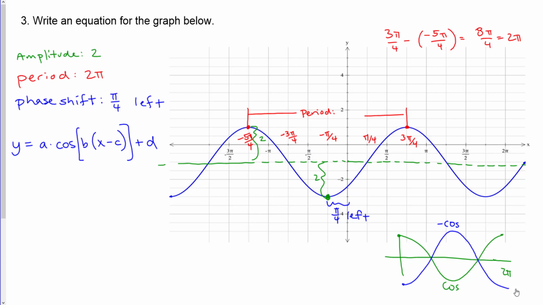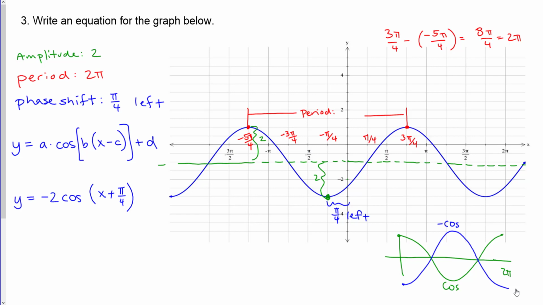That's the important part. Now, here, what's happening is I have my amplitude is 2, so A is going to be 2, but it's also flipped upside down, so it's actually going to be -2. Then cosine, and then B is my period change, which there is no period change, so that's just going to be 1. I'm going to leave that alone. But there is a shift to the left, so I'm going to write x plus pi over 4 in the parentheses.